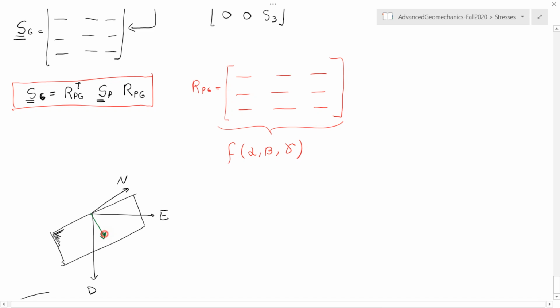This is ND, the first element. Second element is on the strike, and this one is NS. And the third element is going to be the vector normal to those two and normal to the plane, which is NN.